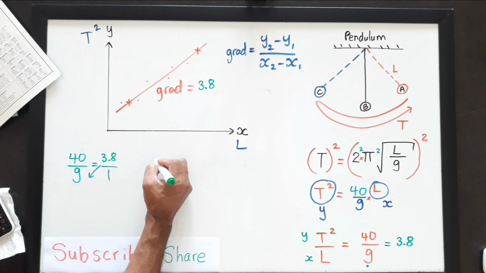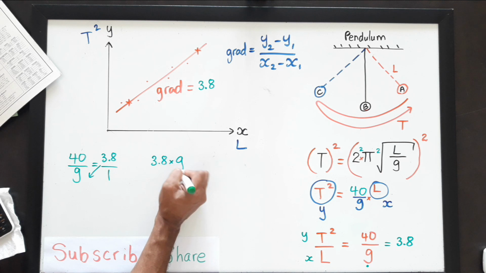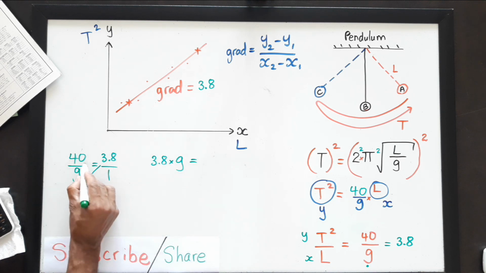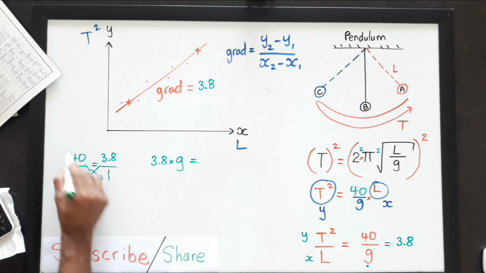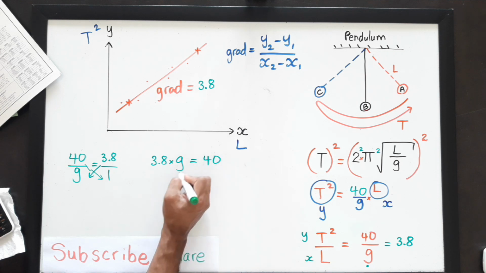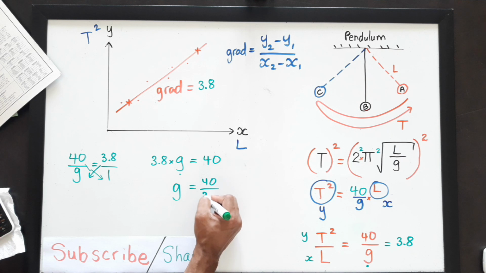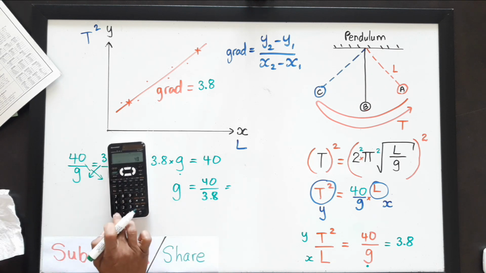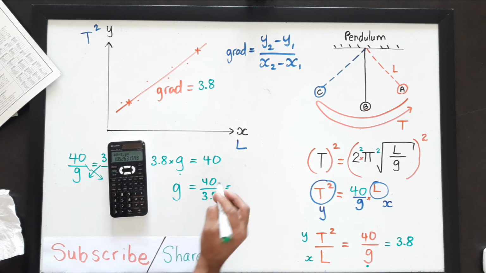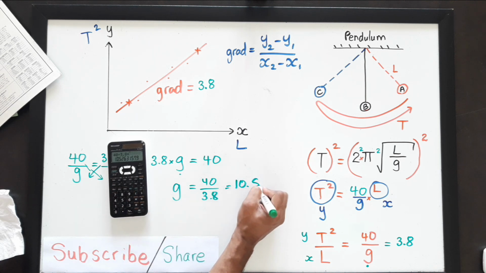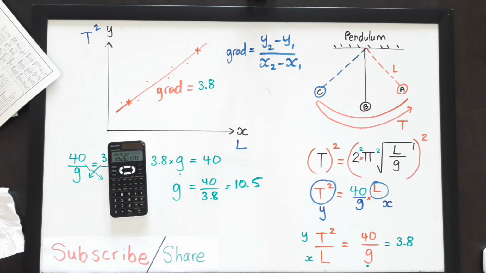G multiplied by 3.8 is just 3.8 multiplied by G, and 40 multiplied by 1 is 40. Solve for G. 3.8 is a multiply, throw it across, you get a divide. Let's work that out. 40 divided by 3.8 is 10.5. So according to our experiment, gravity on Earth is 10.5.